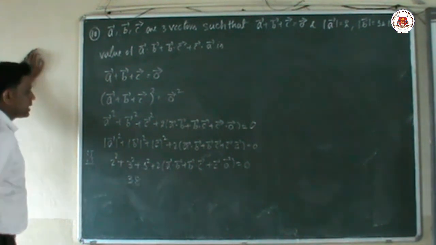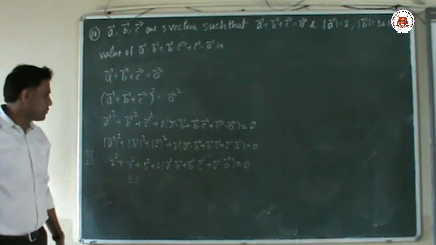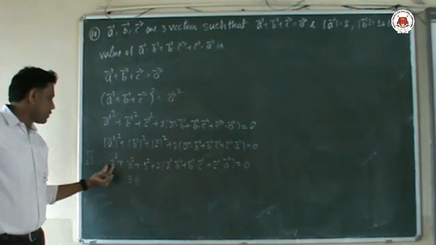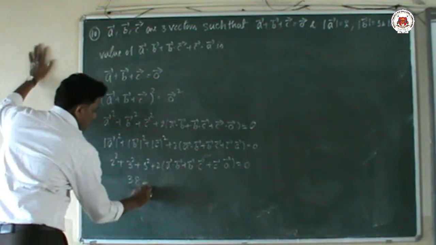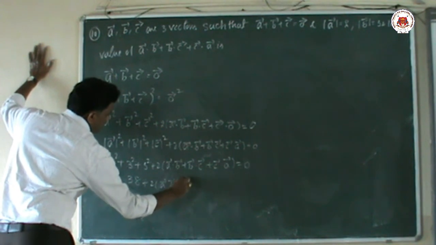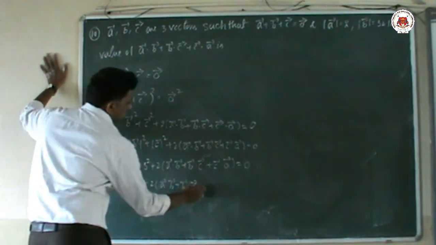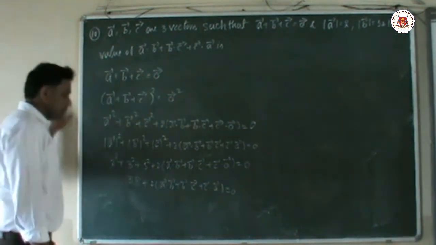So the value is 38 plus 2 into vector A dot vector B plus B vector dot C vector plus C vector dot A vector, and this is equal to 0.